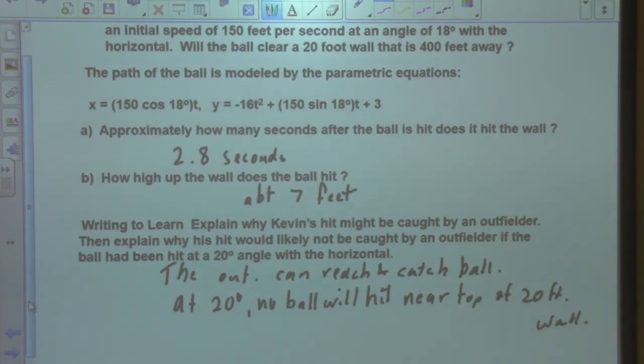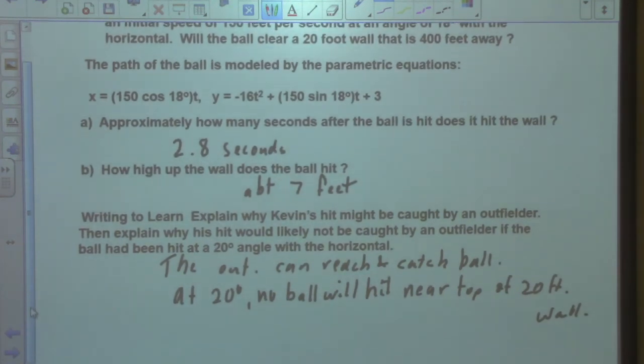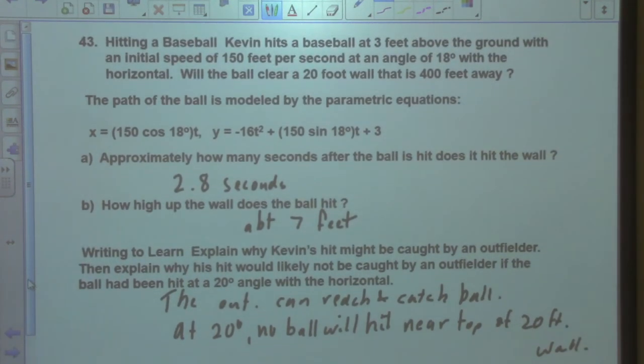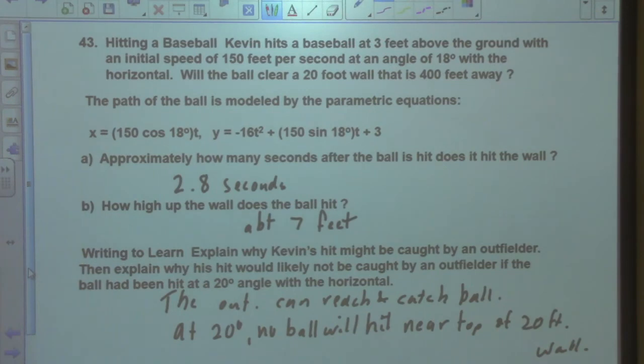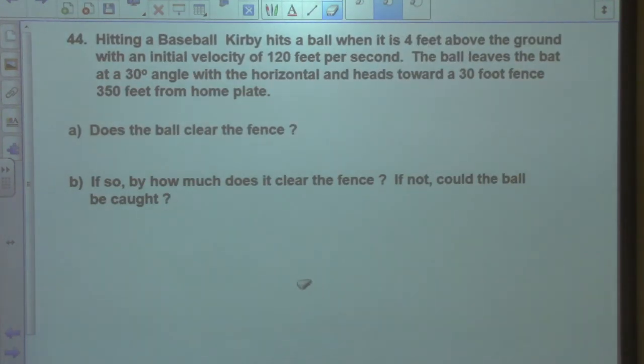Questions on that? I don't know about you, but I sort of like these problems because I feel like it's applying what we learn in trigonometry and parametric equations. So here we have 44, another situation where I want you to work that out.